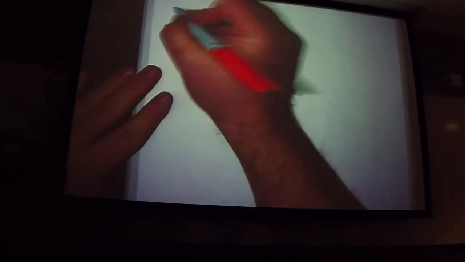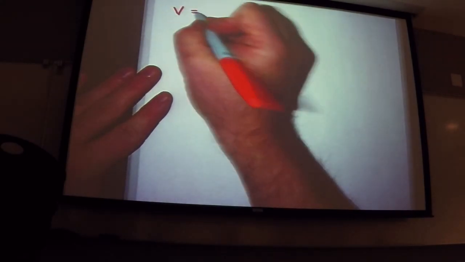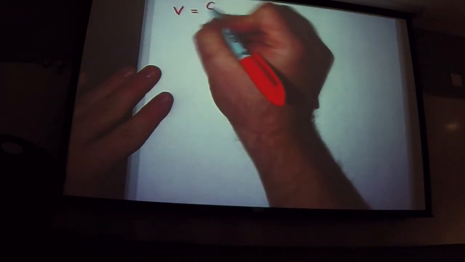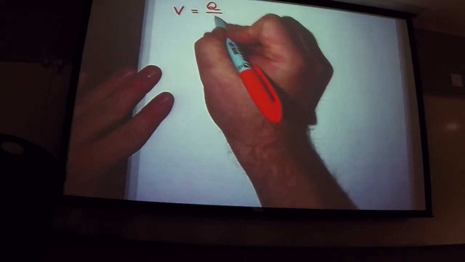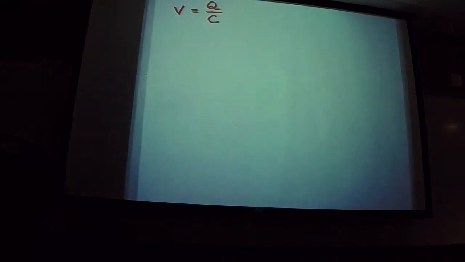So the potential across a capacitor is the charge divided by the capacitance C. The reason I'm solving this for the electric potential is because the other circuit elements that we're going to be looking at, we're going to solve them all in terms of the electric potential across them. So we're going to start with this one here, it's a capacitor.